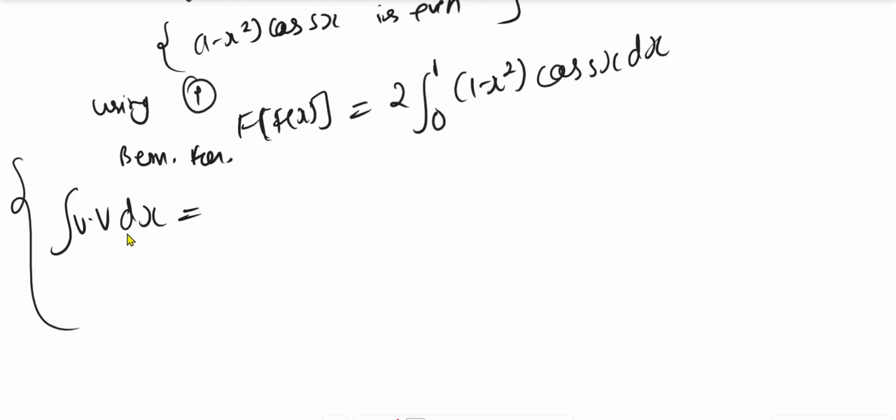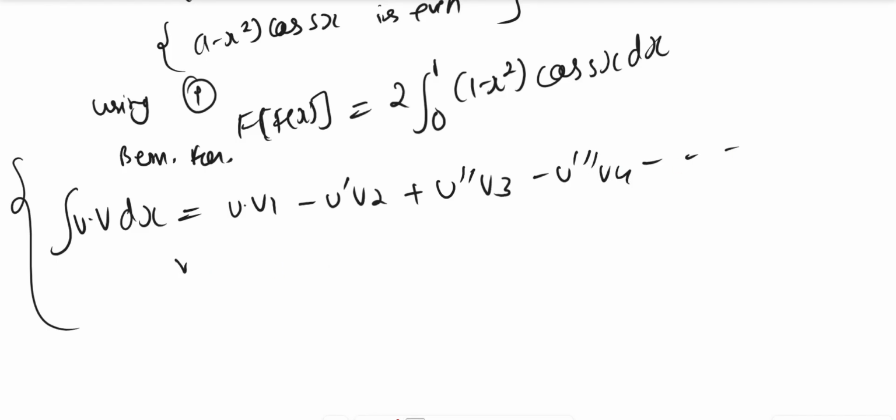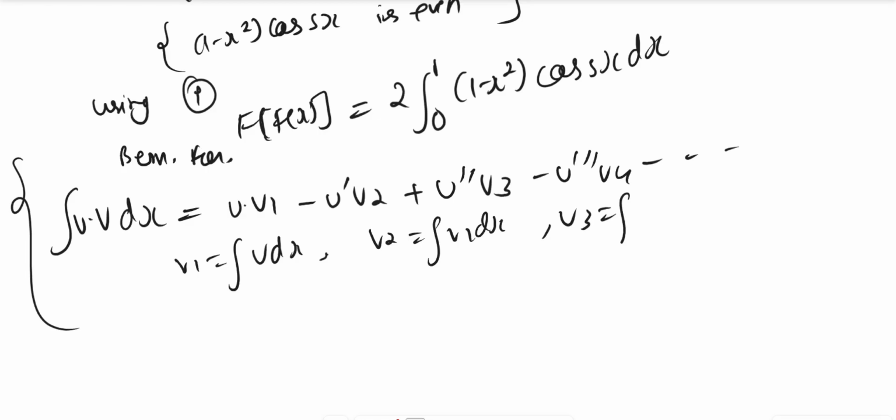Bernoulli's formula: integration of u multiply v dx is equal to u v1 minus u dash v2 plus u double dash v3 minus u triple dash v4 and so on, where v1 is integration of v dx, v2 is integration of v1 dx, and v3 is integration of v2 dx and so on.